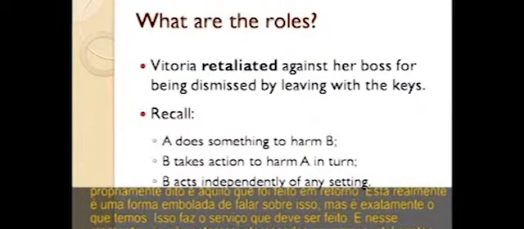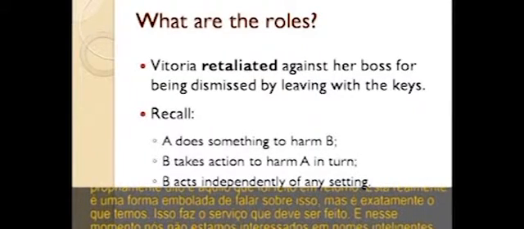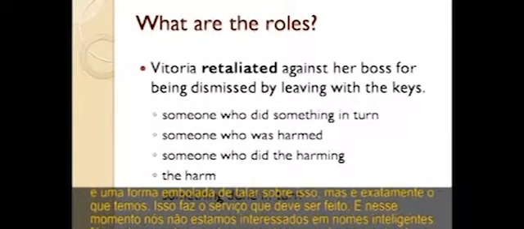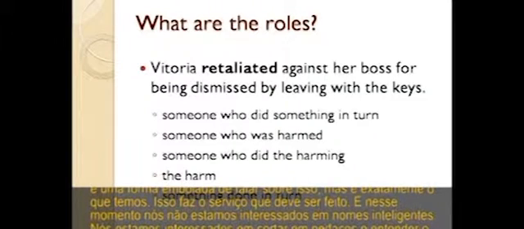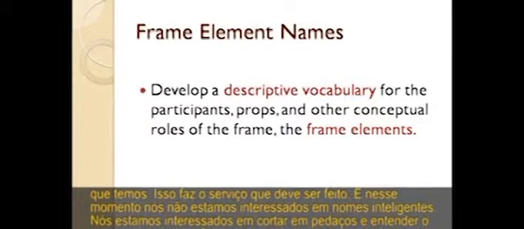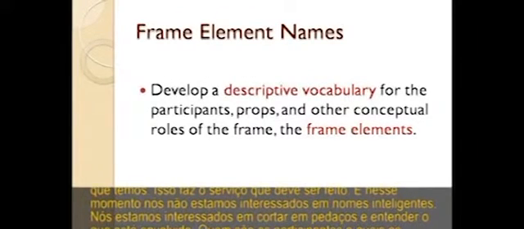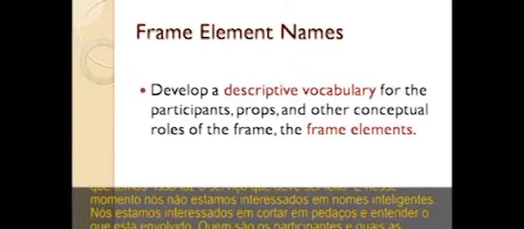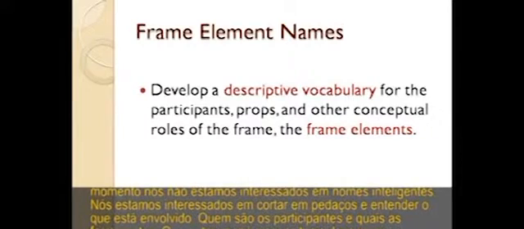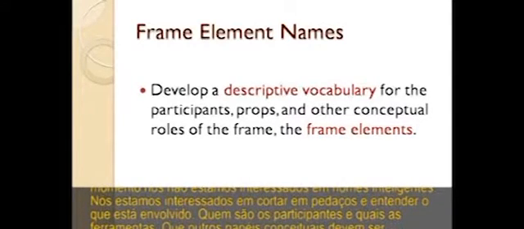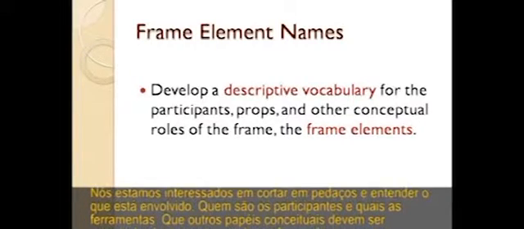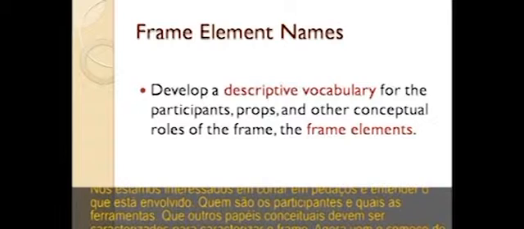Who are the participants? What are the props? What other conceptual roles must be characterized to characterize the frame? Okay. Now comes the beginning of an answer to Bruno's question yesterday about naming frame elements. We want to develop a descriptive vocabulary for the participants, props, and other conceptual roles of the frame elements, right?